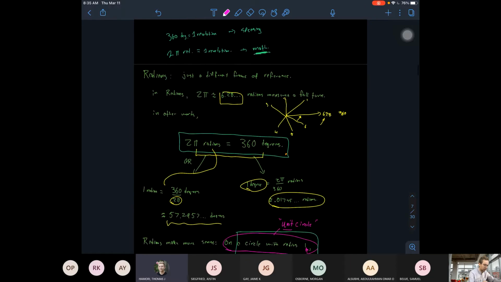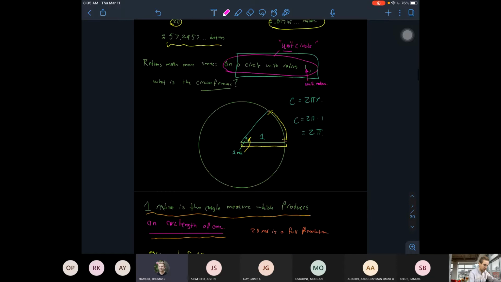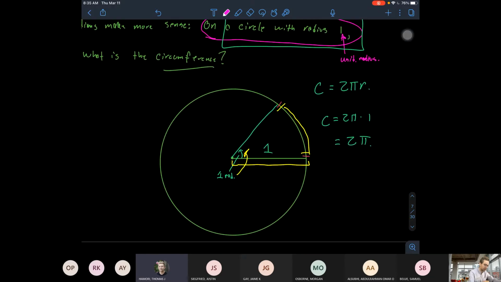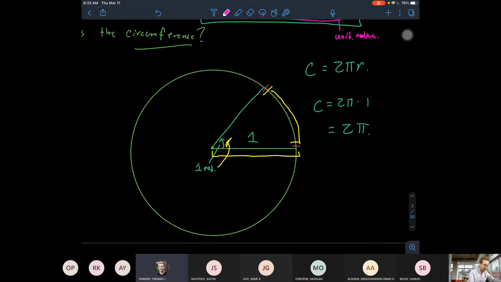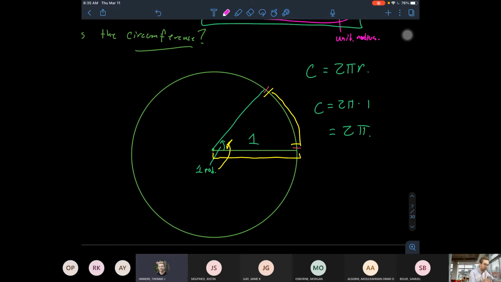And radians were defined in a clever way. They were defined in a way such that if you put an angle of 1 radian at the center of the unit circle, then the arc length produced, which is this length here highlighted in green, kind of our pizza crust on our pizza slice, will have length 1.